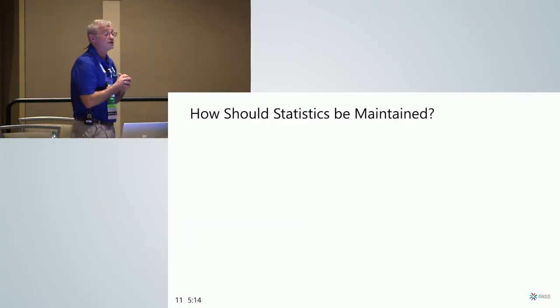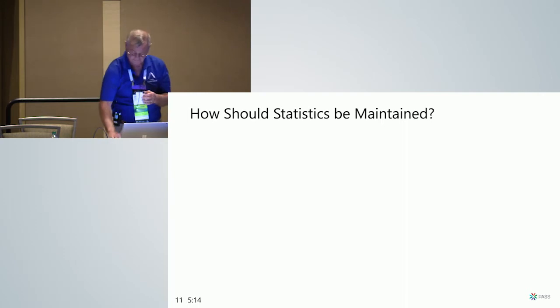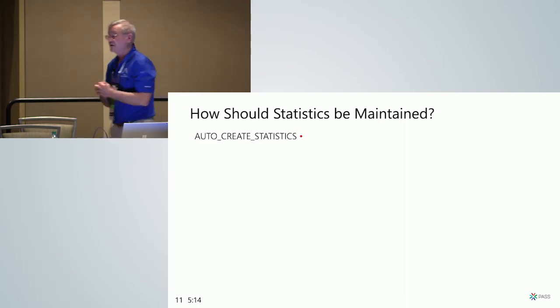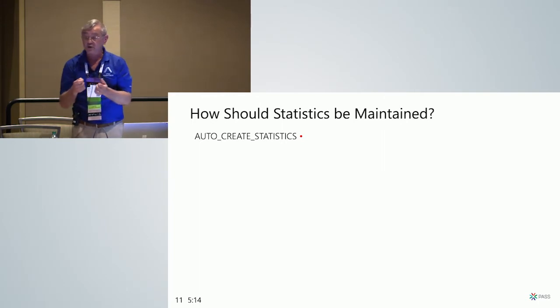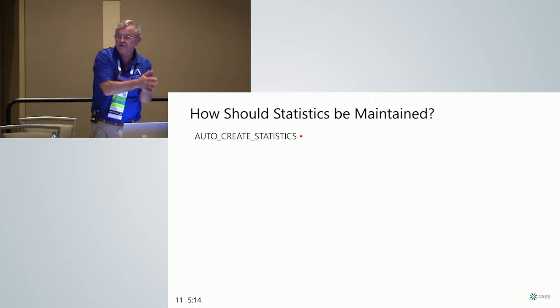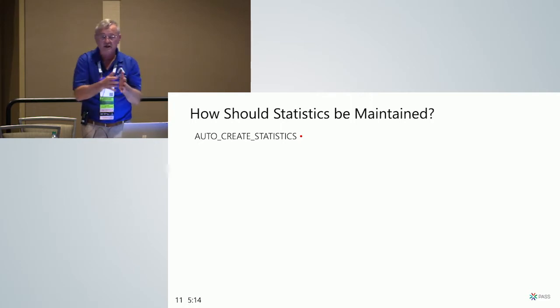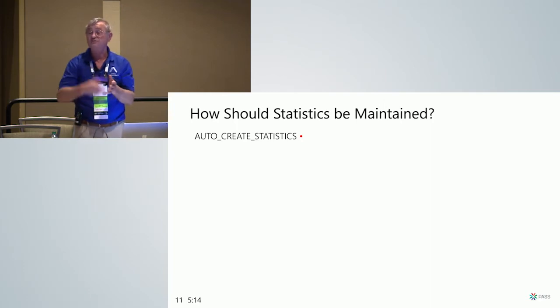How should statistics be maintained? Well, first of all, when you create statistics, as I mentioned, not necessarily all rows in the table are queried to create the statistic. And as a result, again, it's an estimate, but it's an estimate of what exists at that point in time. Unless you have a read-only database, the chances are pretty good that column is going to get changes.